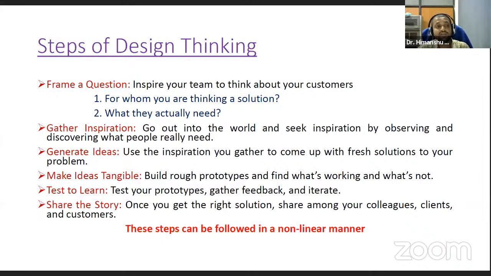Second point is we have to gather some inspiration. Go out into the world and seek inspiration by observing and discovering what people really need. We should go out to provide solutions to the problems that society has. So how can we know this?